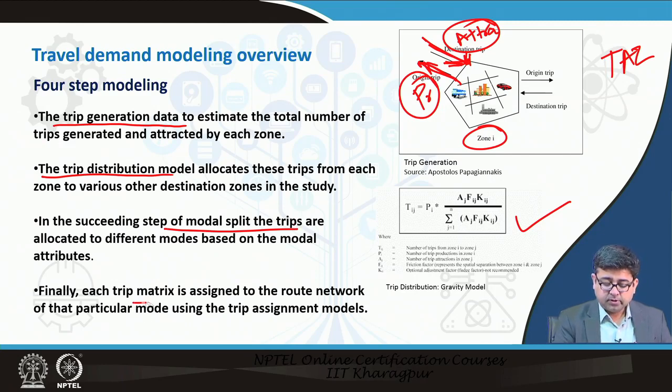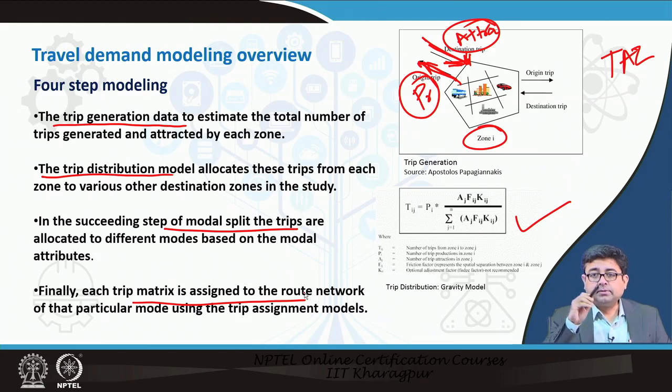And finally, once you know the zones that they are going to and the mode that they are using, you can assign that trip to the network that you already have. So, you can say that okay, to go from A to B, there is no direct metro route. So, it is likely that this person will take his or her private vehicle, and this is the road, or the shortest travel time road, between these two zones.